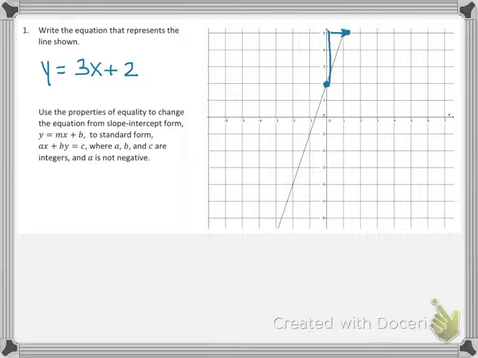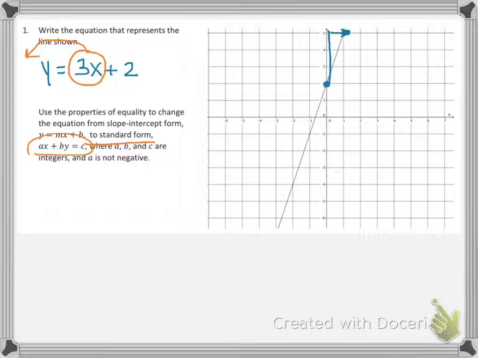And then I need to change that so that we see standard form. So we're going to change it to standard form. And remember, standard form is this: ax plus by equals c. So I've got this x here. If I just move that over, I've got standard form.